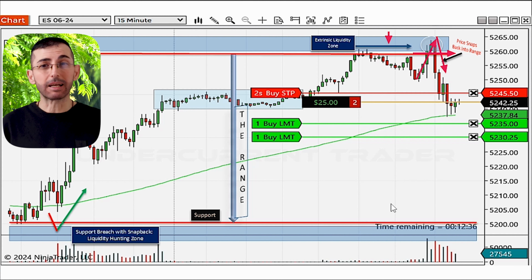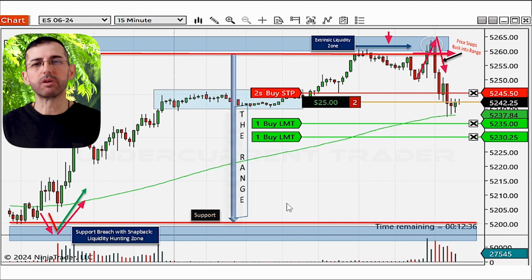And now, if we can catch a range breach that immediately gets faded, as in, price again quickly shifting back into the range, then that prime reversal signal, in conjunction obviously with other technical factors, should help you form a market bias. And that's precisely how I approached this trade, applying the extrinsic liquidity zone strategy.